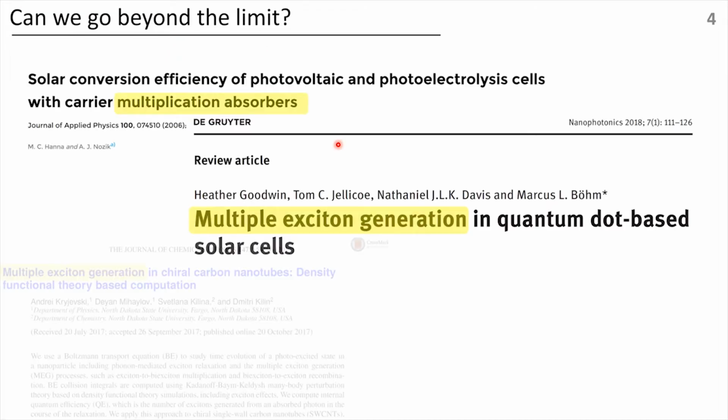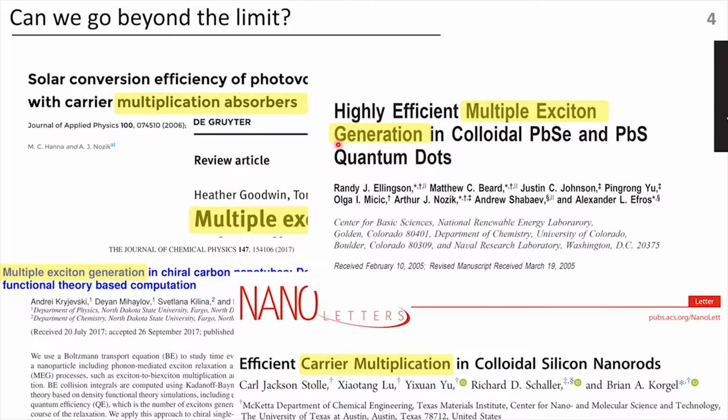So obviously the next slide is, can we actually go above the limit? And here I just have a bunch of screenshots pop up from journals that I've skimmed through about overcoming this limit. The area that I concentrate on in these particular titles is so-called multiple exciton generation.